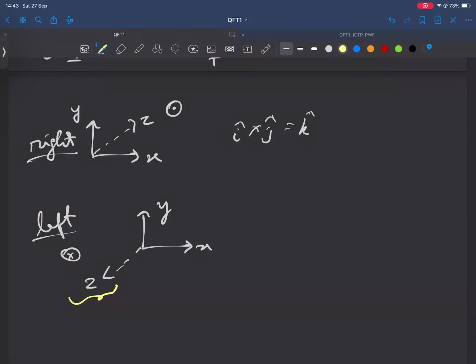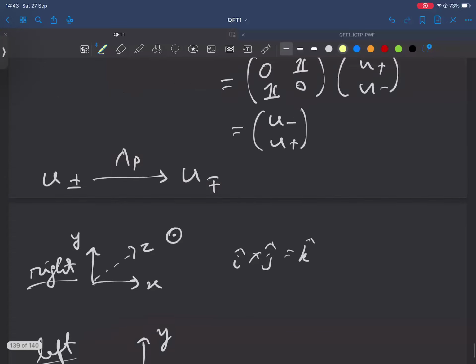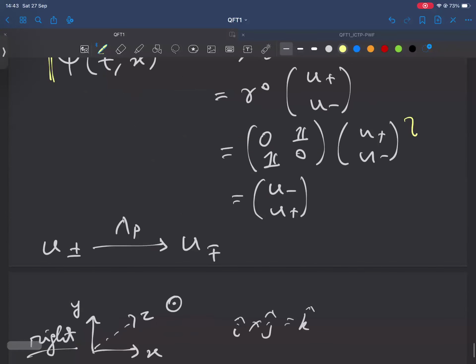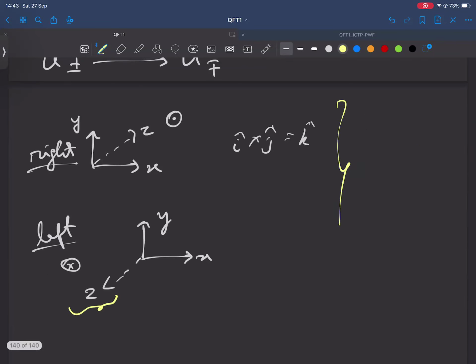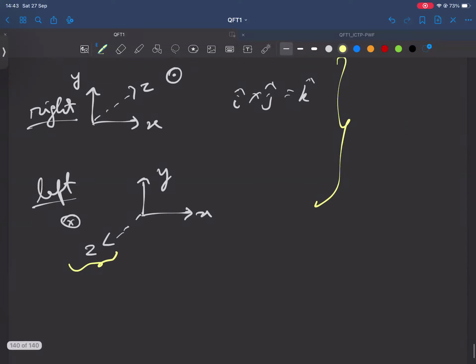And because of that, the action of parity also flips these Weyl spinors, u plus to u minus. So this means u plus naturally is defined in the right-handed system and u minus in the left-handed system, because that's what parity does to coordinate systems. This is why we were calling u plus right-handed and u minus left-handed.